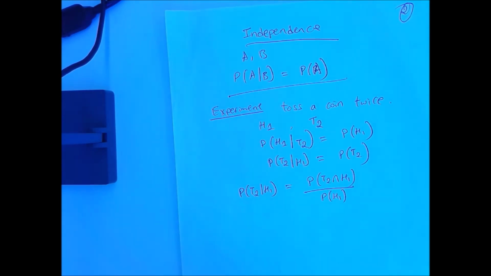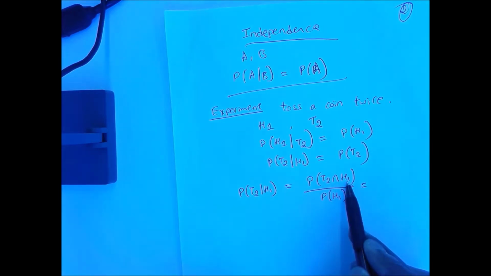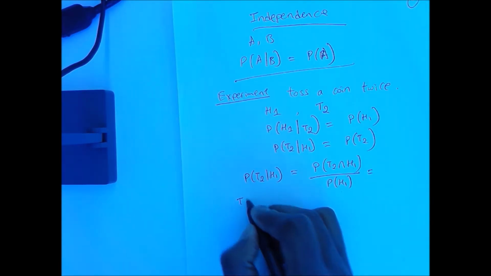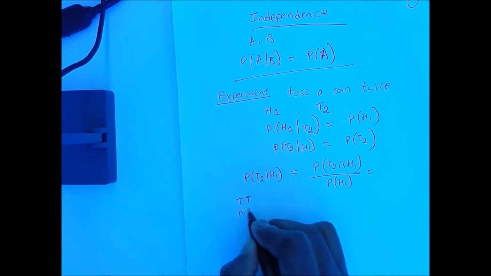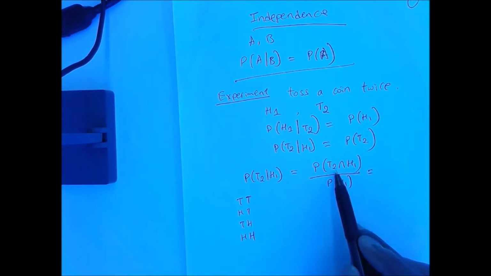Since all outcomes are equally likely, I just have to count the number of elements in this set divided by the number of elements in this set. So all the outcomes are tails-tails, heads-tails, tails-heads, and heads-heads. How many elements are in T2 intersection H1?